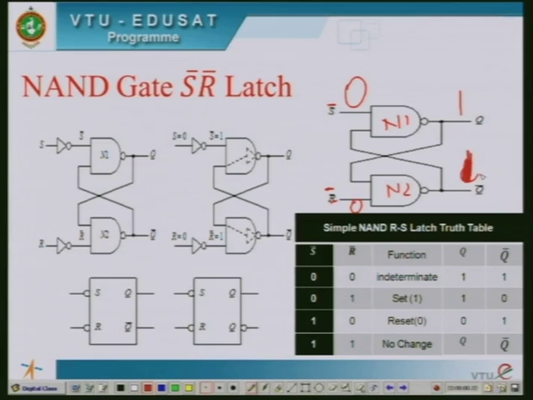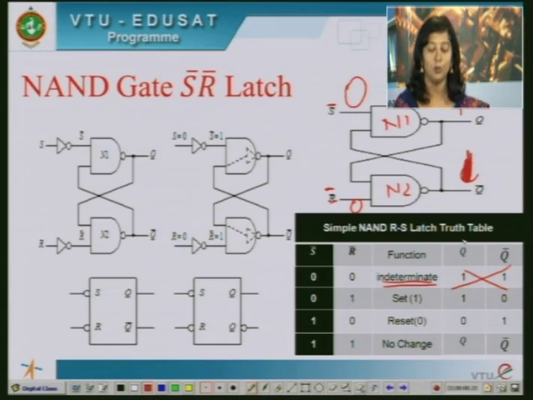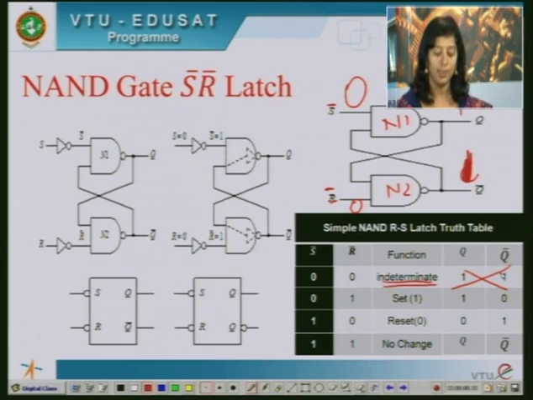Hence, we call this an indeterminate state or a forbidden state. This state is not allowed for an S bar R bar latch. When both outputs are permanently high, you can see it in the truth table: Q and Q bar both remain high. This is a not allowed state, so both inputs being 0 is not permitted.